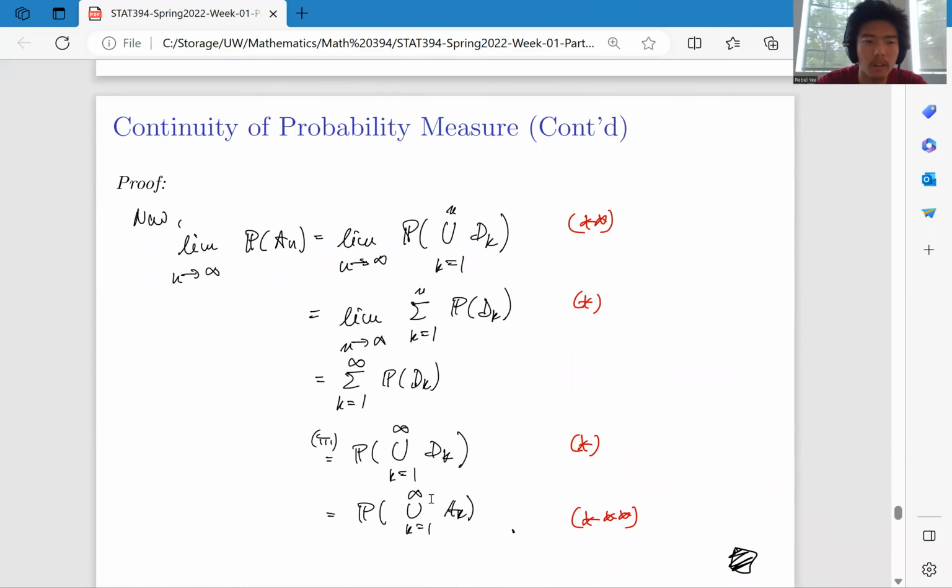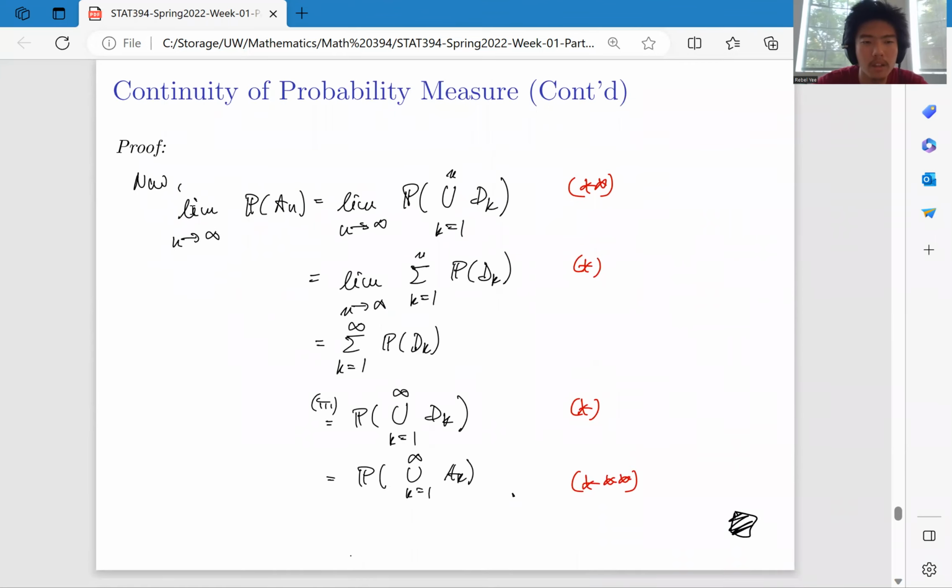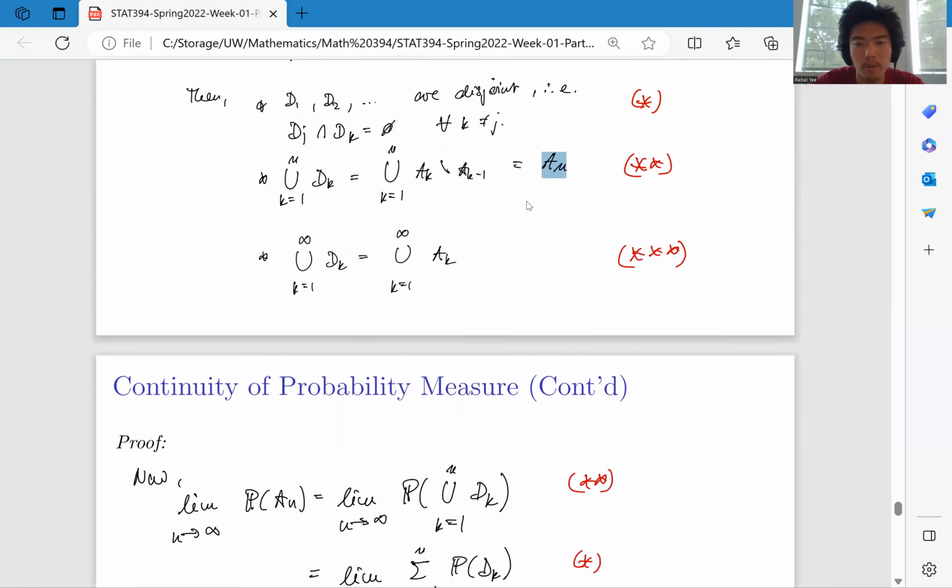So by those properties, now we have the limit as n goes to infinity of P(An) equal to the limit as n goes to infinity of P of the union of the first n terms of D, and that is by property 2 here, as this equation suggests.